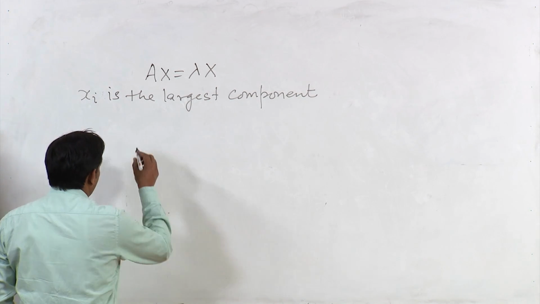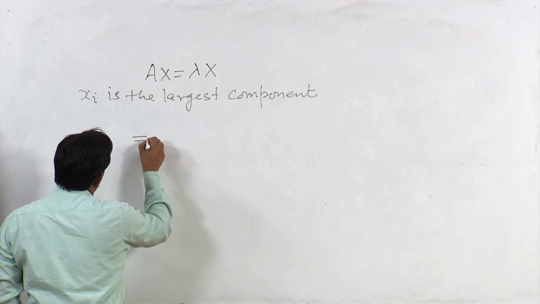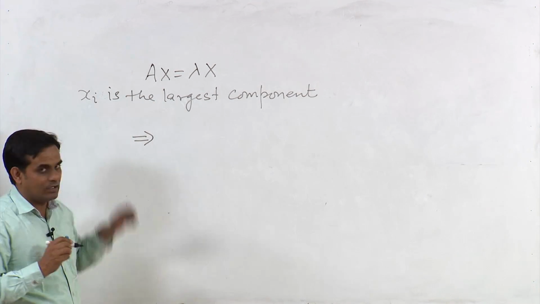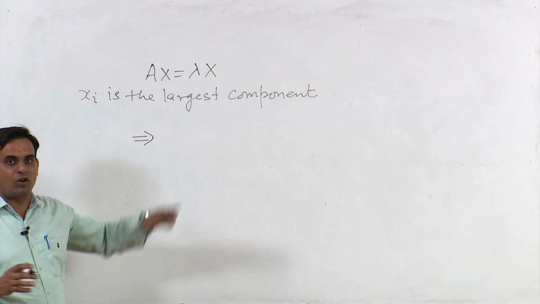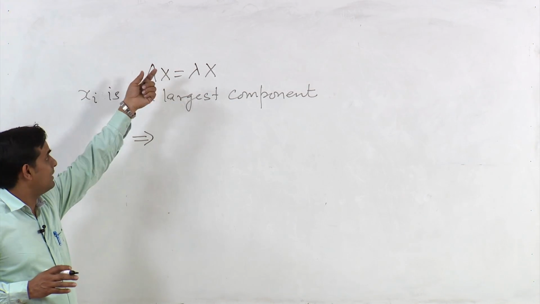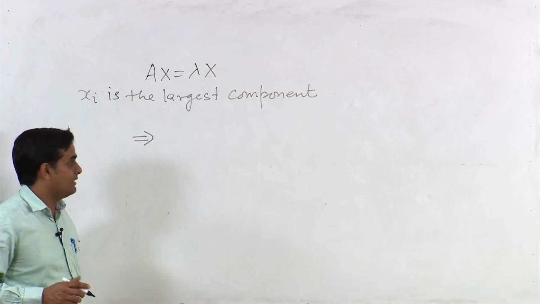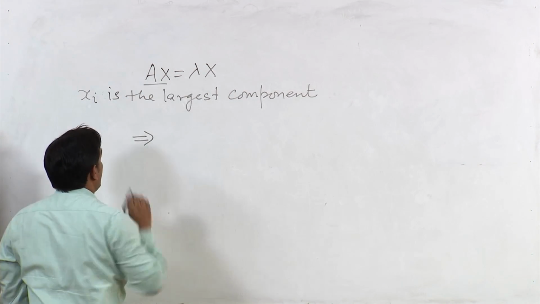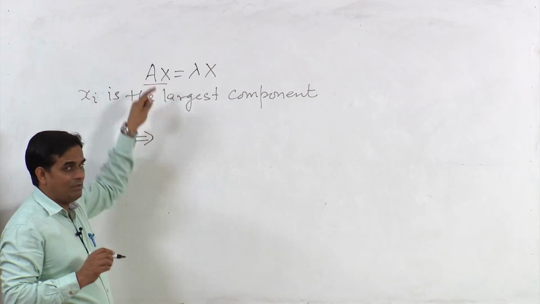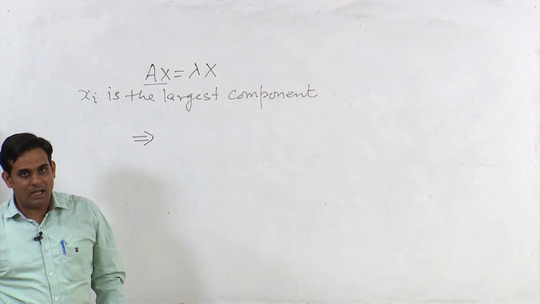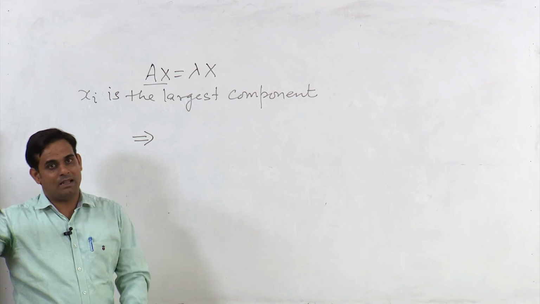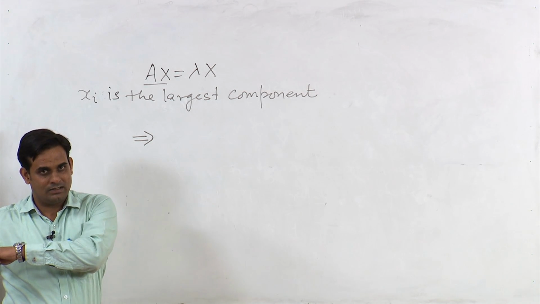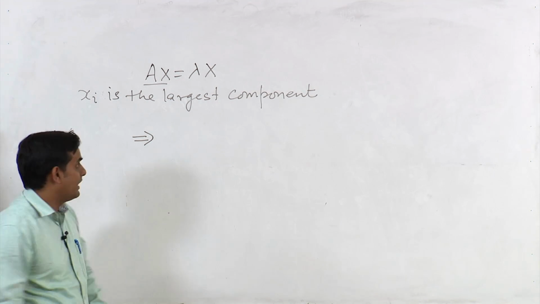Now, what is this particular relation telling me? Suppose I look at the ith row of this matrix. The ith row will multiply each component of x, and this will be equal to lambda times x_i, the ith component.